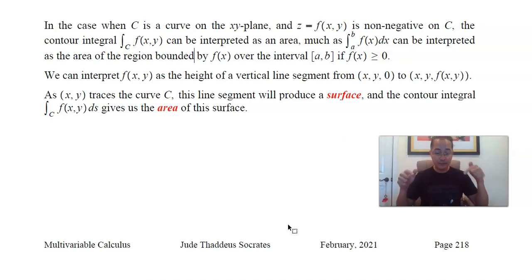When you look from above, you're just going to be on top of that curve. As we do that, we form what you can think of as a curtain. If we straighten out that curtain somehow, then the contour integral represents the surface area of that curtain. So that is going to be our second and final example.